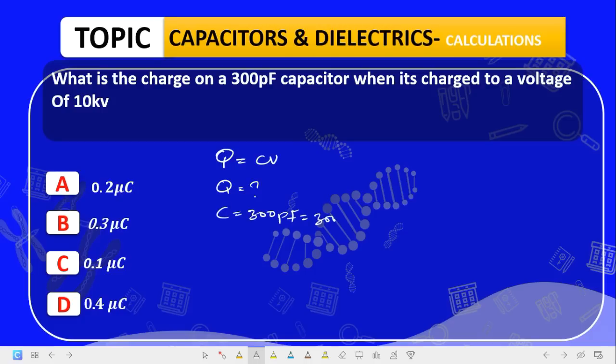Picofarad means 300 times 10 raised to the power of minus 12 farad. Now the next thing is the voltage. The voltage is 10 kilovolt, which is equal to 10,000 volt.